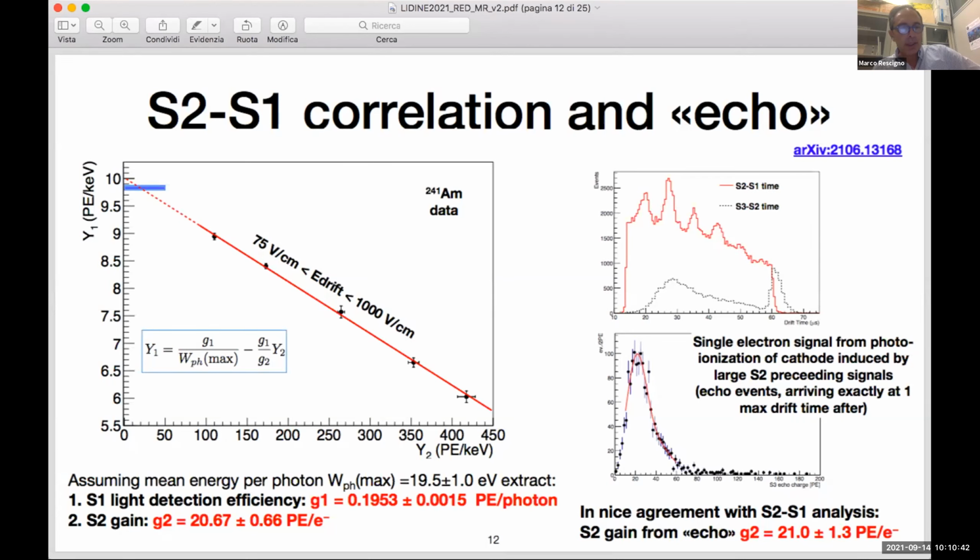By using this, we have measured an S2 gain of roughly 21 photoelectrons per electron, which is also within our specification. This has been matched also with a measurement of single electrons from photoionization events from the cathode, and this also points to an S2 amplification of order 21 photoelectrons per electron, so in nice agreement with the other independent measurement.